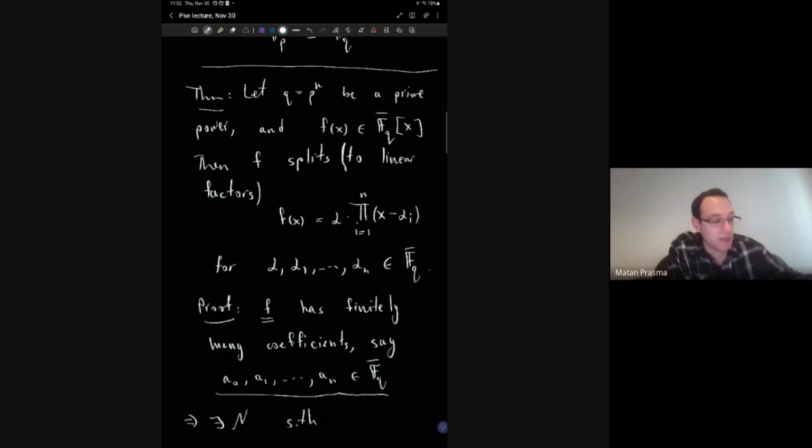Now, if you have a polynomial over F_p, then in particular it will be a polynomial over F_p bar, right?